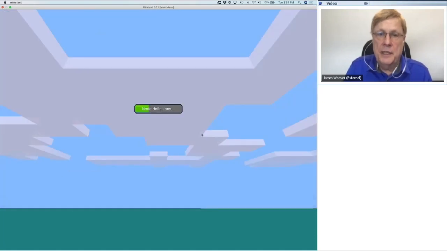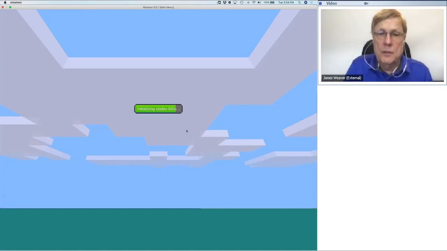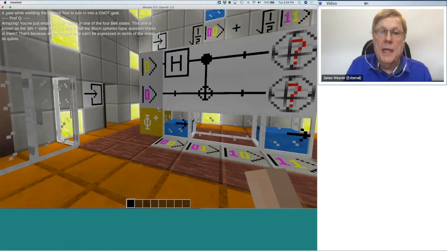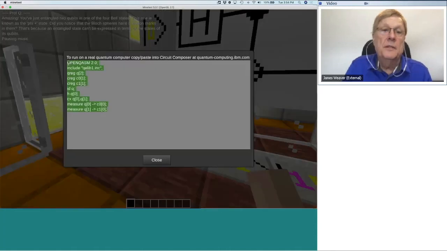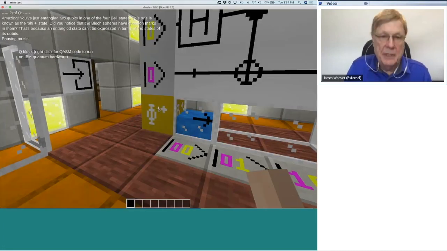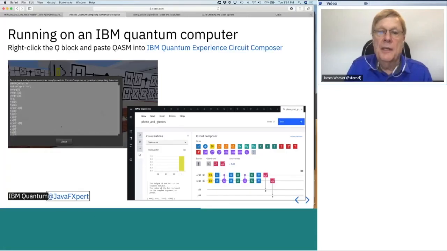Let's say that in our entangled circuit, we had this circuit. I can right-click this Q block, and I can see the quantum assembly language that is behind that circuit. And I can take that quantum assembly language, paste it into our IBM Quantum Experience Circuit Composer, and have it show us that circuit. So I'm going to go ahead and do that.